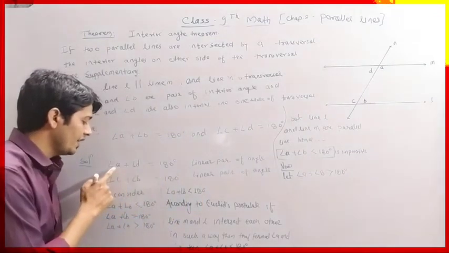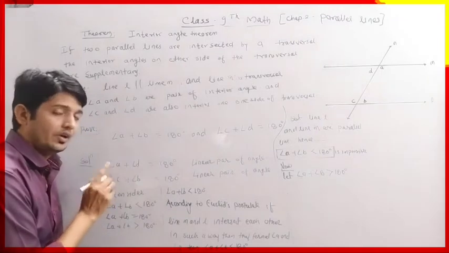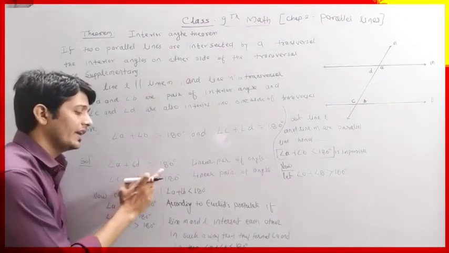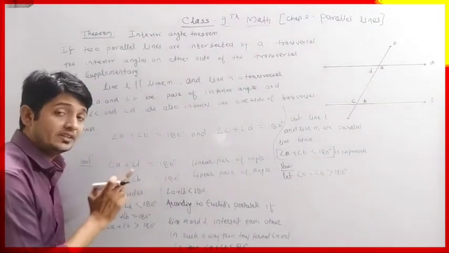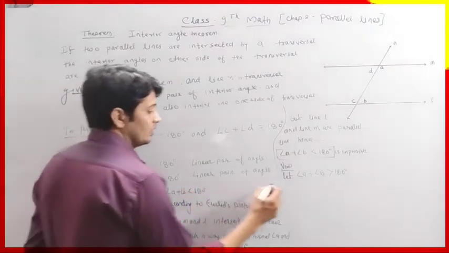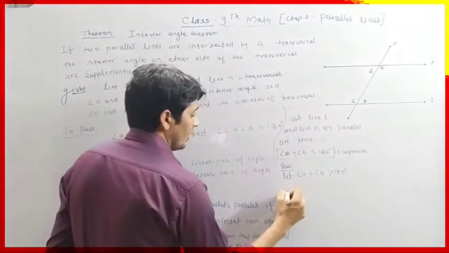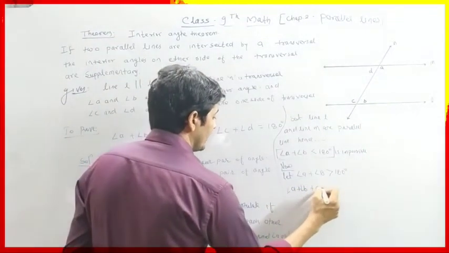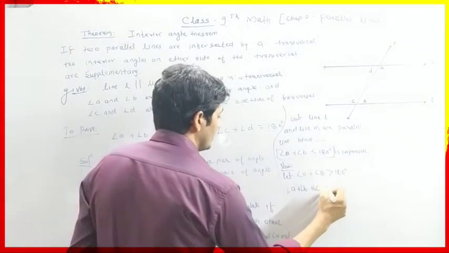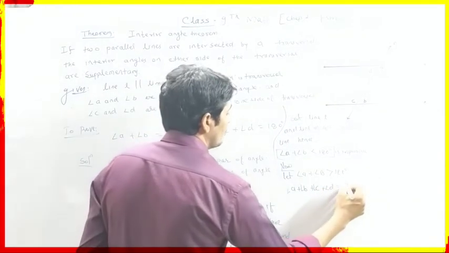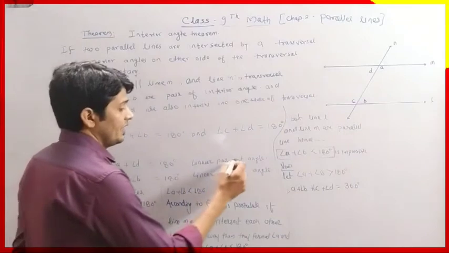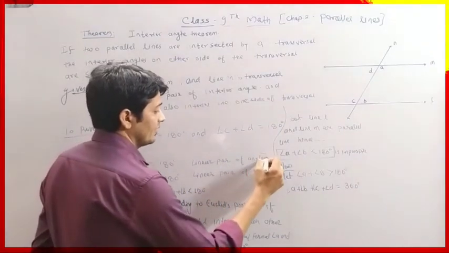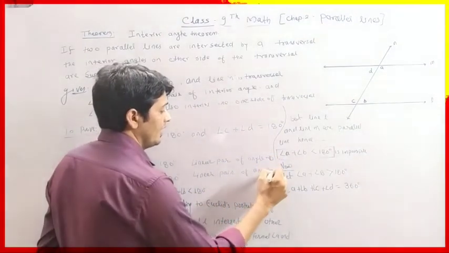So if we add all these 4 angles we will get 180 plus 180, that is 360. So angle A plus angle B plus angle C plus angle D equals 360 degrees. Okay, see here we can write equation number 1 and equation number 2.